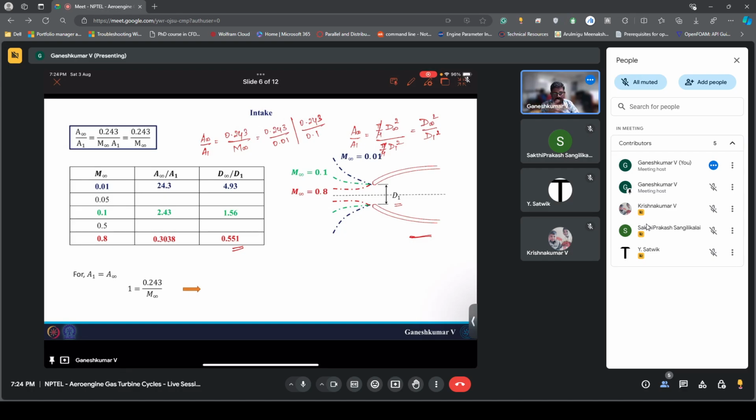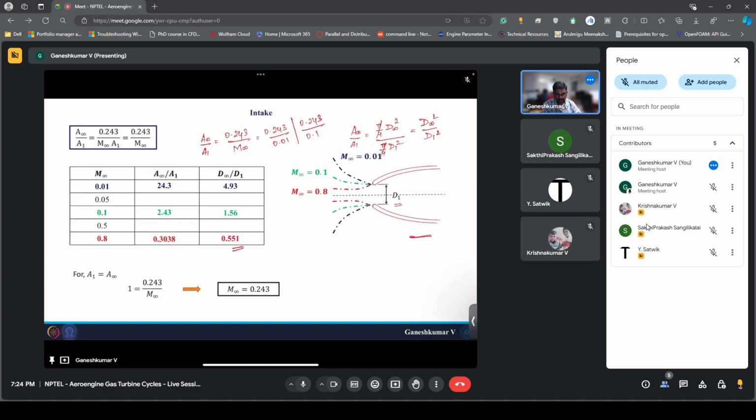If you rearrange the same equation, you can get M infinity to be 0.243. So if you fly at 0.243 Mach, the capture area and your inlet diameter will remain the same. This is a crude idea that I want to give in terms of intake.